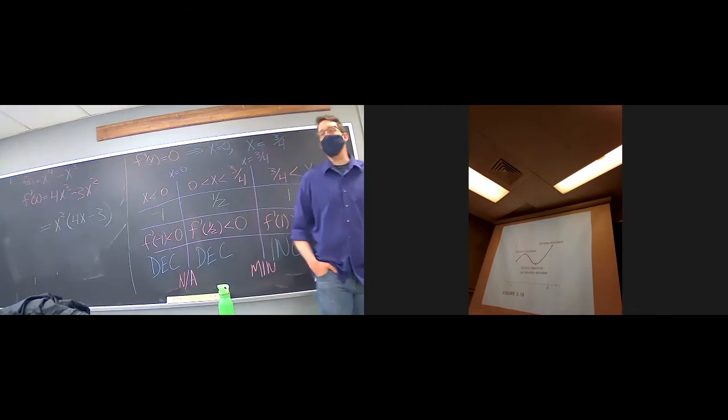So a relative minimum is a point where if you jiggle your x values, anything around that point is either going to be larger in the case of a minimum or smaller in the case of a maximum.